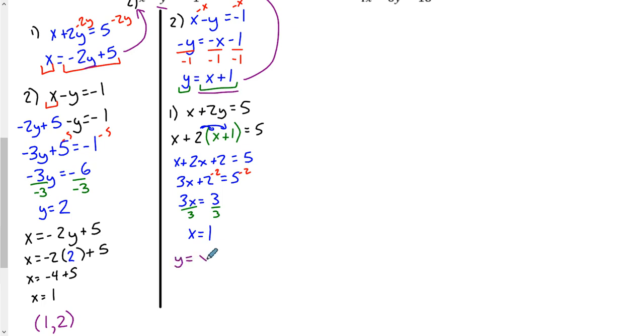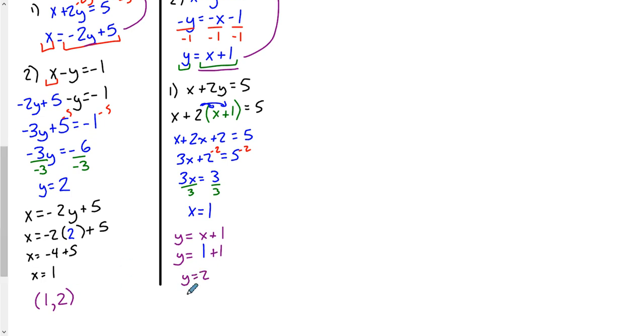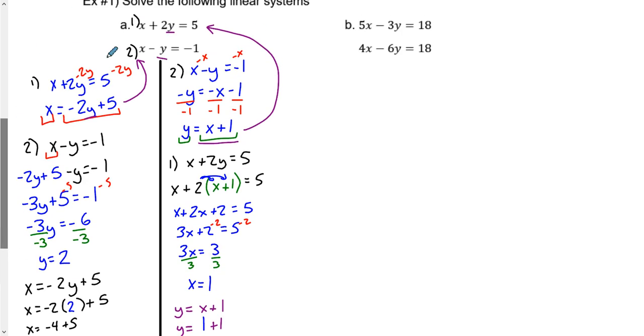So if y equals x plus 1, and I know that my x is 1, 1 plus 1 is 2, which makes my ordered pair 1, 2. The exact same value. So it's not any different whether you solve one equation, or you do the other way.